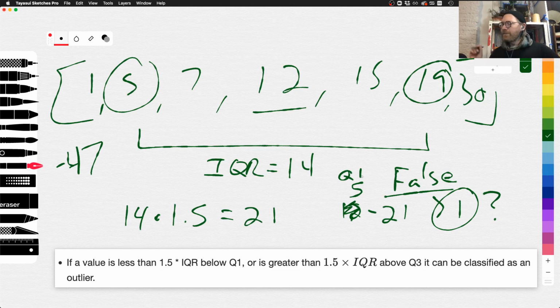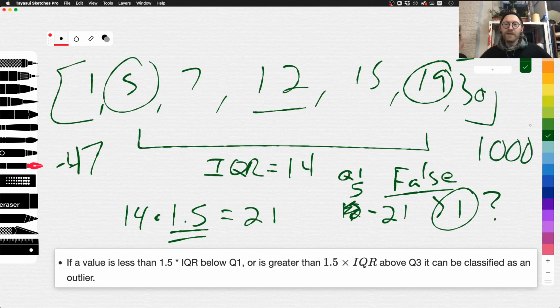So if a value is 1.5 times the IQR less than Q1, we can consider it to be an outlier. Is this a hard and fast rule? No. And in fact, we can determine this coefficient. We can determine the outlier coefficient, which I'm going to challenge you to do when we code this. Similarly, if a value is 1.5 times the IQR above Q3, it would be considered an outlier.